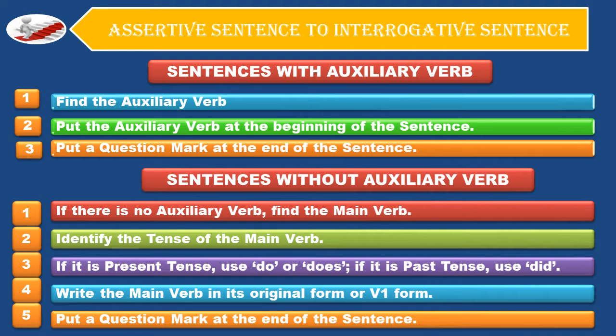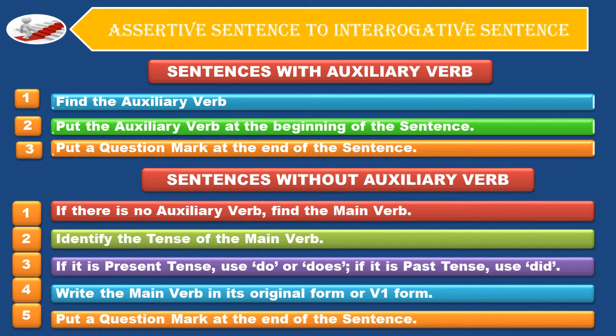Once we find that auxiliary verb, we just have to bring it to the beginning of the sentence, write the rest of the sentence as it is, and put a question mark at the end of the sentence, and we are done. Now we will also get sentences without an auxiliary verb. What to do then? Let us see the steps for that.